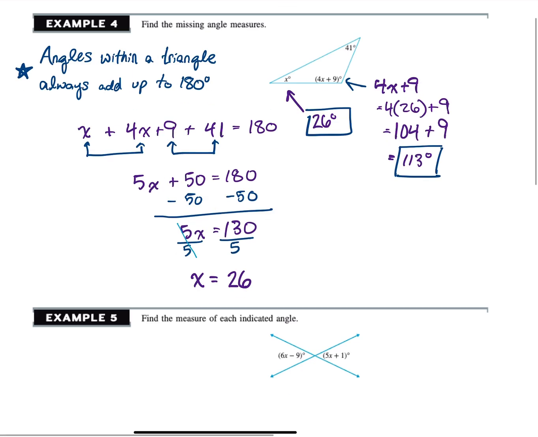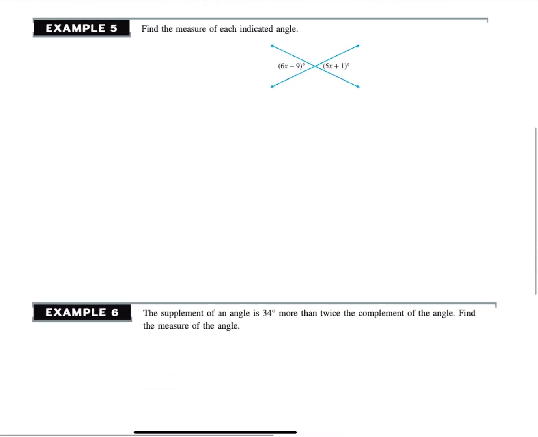Let's see another example. In this case, we have two lines that intersect, and then we have some angles that are across from each other. And so if you recall from geometry, these two angles that are across an intersection are always going to be equal. We could say that these two angles will also be equal. I think they call them vertical angles.